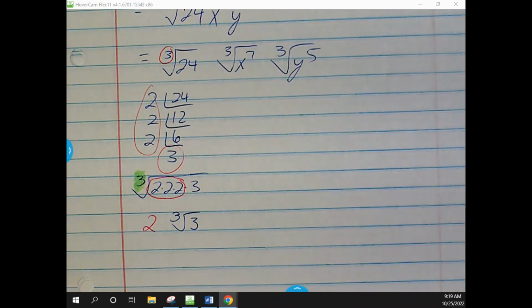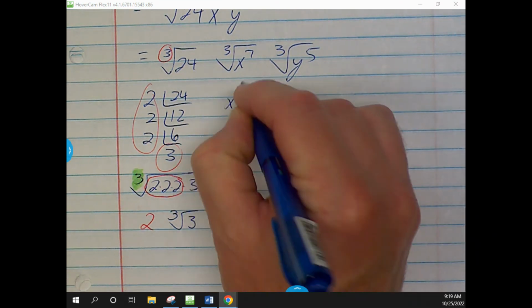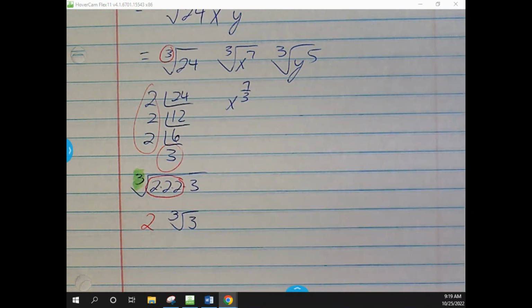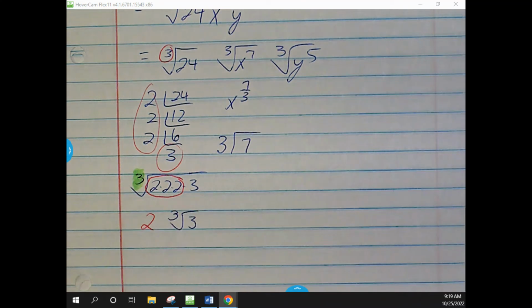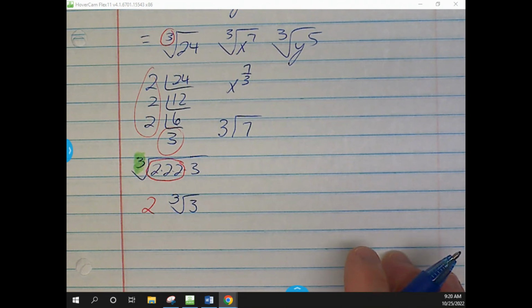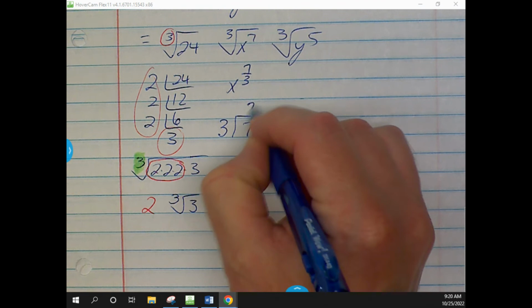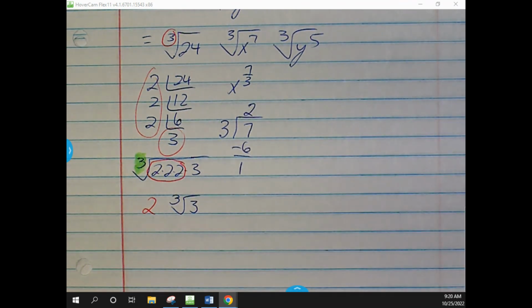And then we're going to do each of the variables one at a time. And here's why I like doing the variables this way. In this case, that's x to the 7 thirds, which means we're going to divide 3 into 7. And again, this is third grade math. 3 goes into 7 two times with 1 left over.